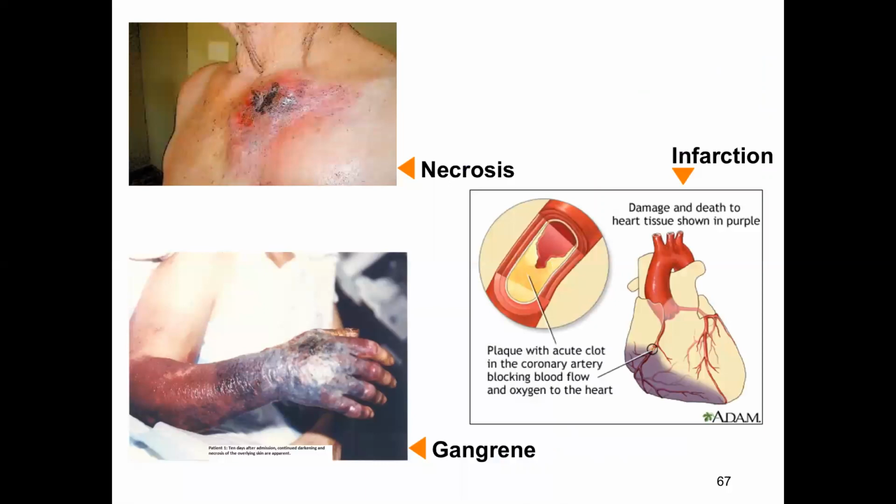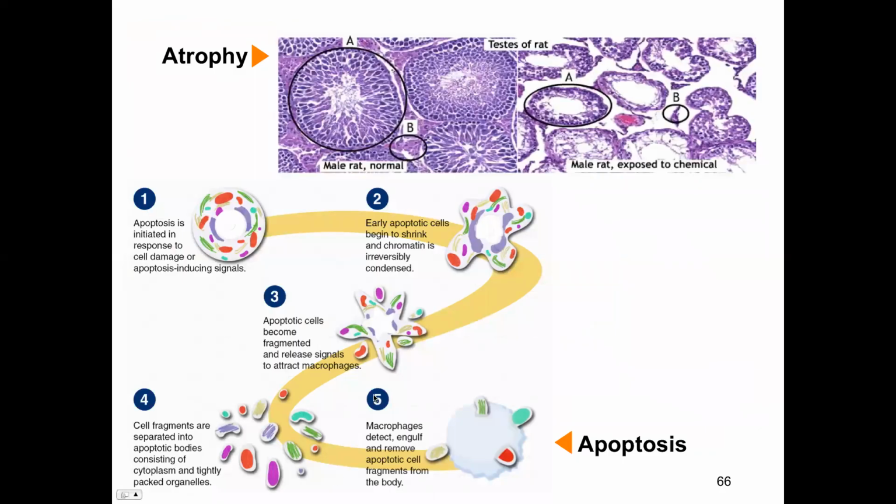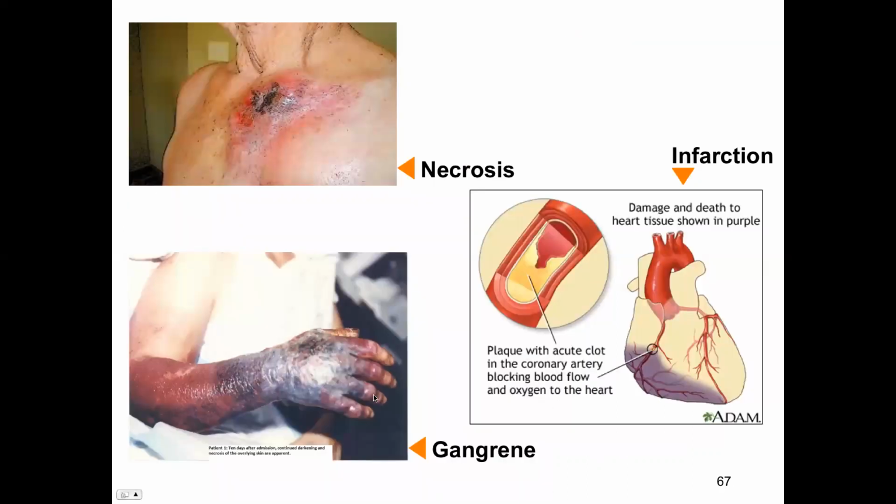Compare that to necrosis. So here you're also having cell death. But this is an outside force causing it. With apoptosis, it's the cell responding to outside forces, but it's something that starts from within the cell in response to that. Whereas necrosis is when something on the outside of the cell literally causes the tissue to die. So this could be some sort of diseased tissue, infections, that kind of thing.